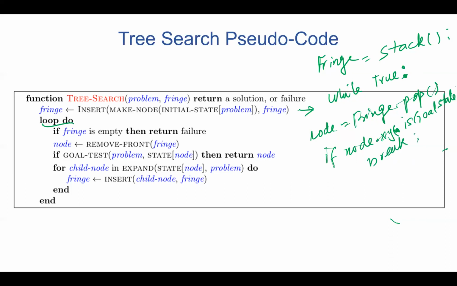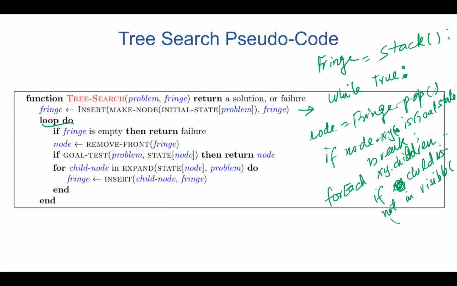Otherwise, for each child in the node's children, if the current child is not in visited, then do something. Otherwise, just avoid it. So I'm actually writing the code for you. That is part of your homework.